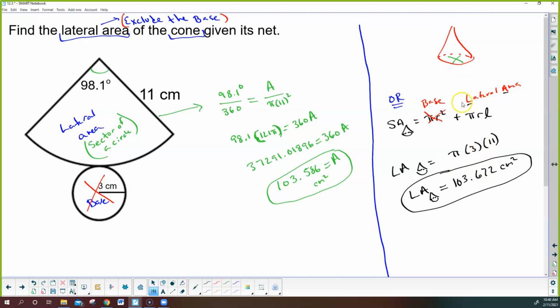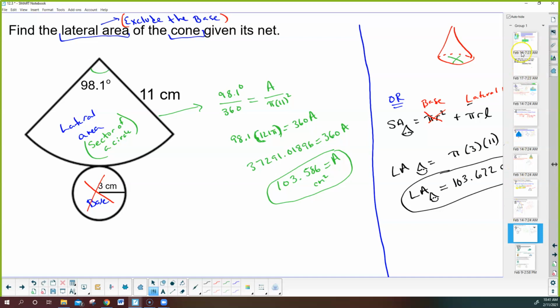So hopefully that just kind of gives you proof that if you know the angle measure, you can do our chapter 10 ways, find the area of the sector, or you could just take the pi times r times L and find the area of the sector, which is the lateral area, using the formula that we just learned. So that's just two different ways to think of it. It's kind of nice to view two different ways in math.